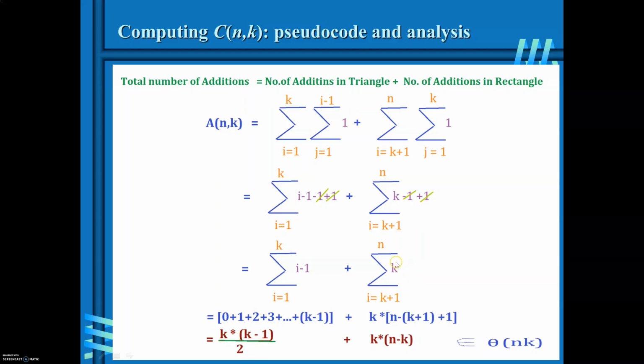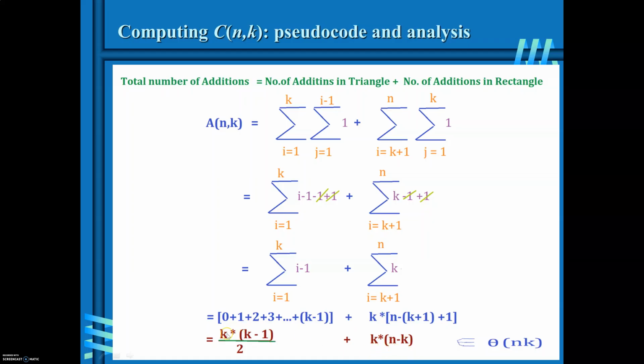And here k is constant, so take k out from the summation, with the summation having upper limit n and lower limit k plus 1 of 1. When you apply the summation to that, upper limit minus lower limit plus 1, into k, the result is k into n minus k.